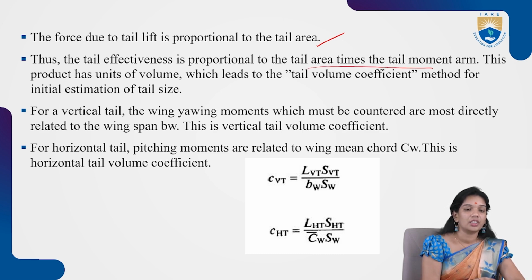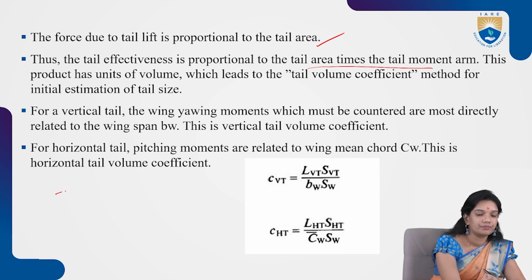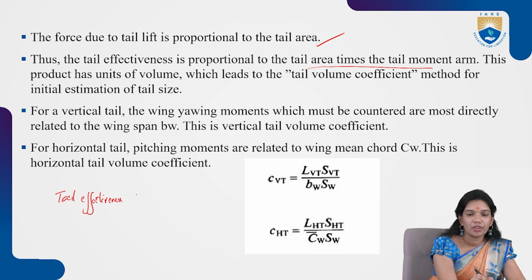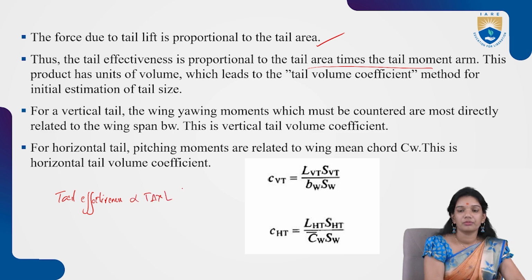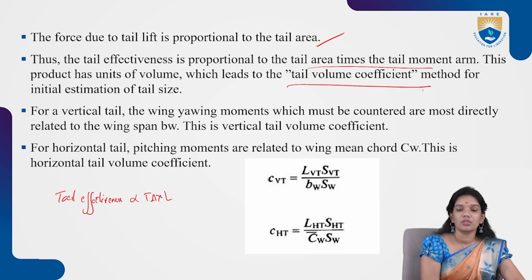Now this will give the tail effectiveness, which is proportional to the tail area times the tail moment arm. Now this has units of volume. That is why we call it the tail volume coefficient method for the initial estimation of tail size.